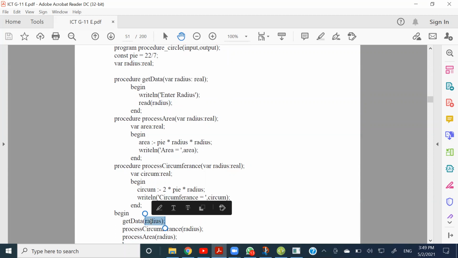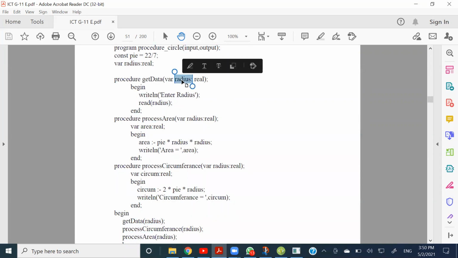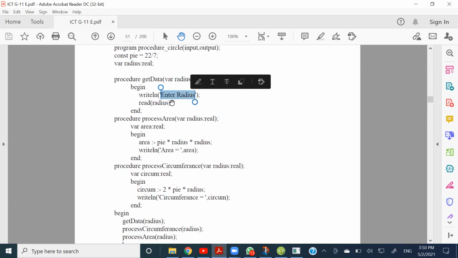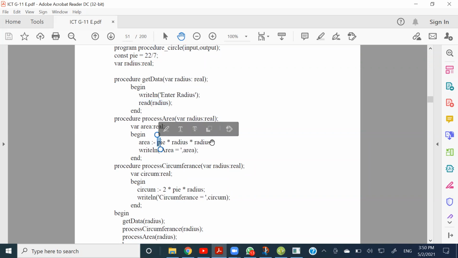That radius will be passed into this, and they will ask for a radius, and it will read the value which is given to the radius in this particular line. So hereafter we have something for radius, so we can do this particular process as well as this particular process.